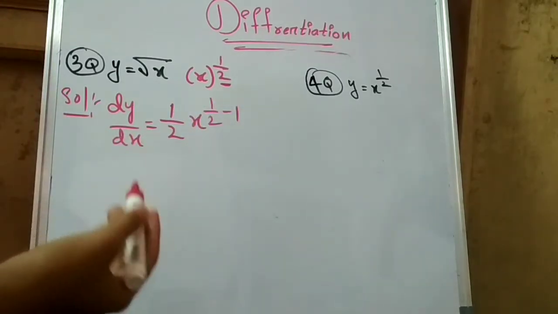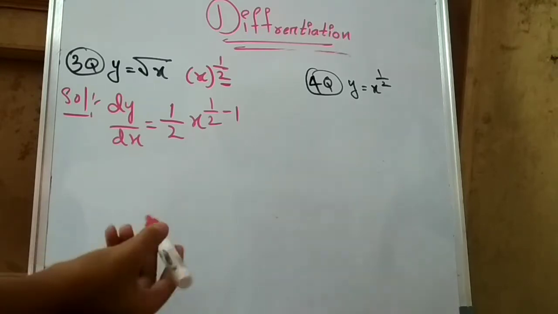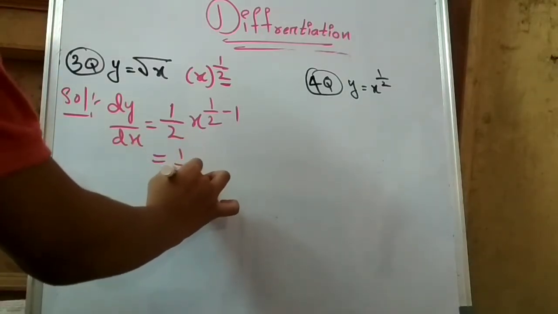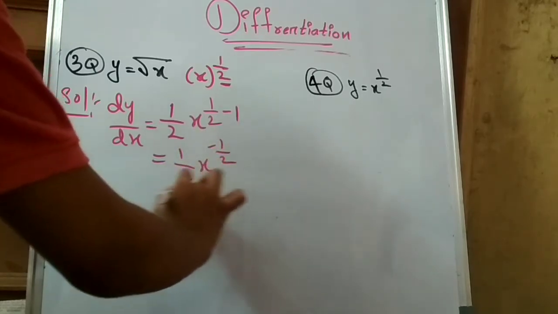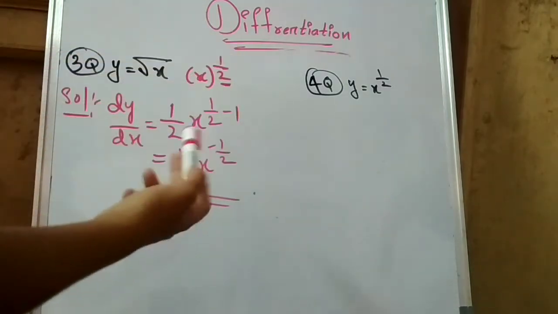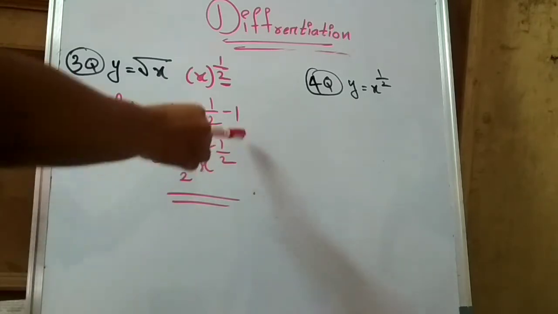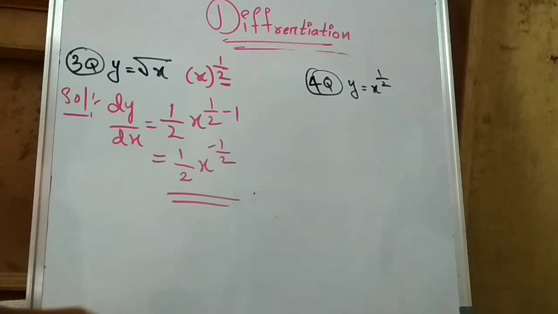Half minus 1 will be minus half, so that gives us half x to the power of minus half. That will be the answer here.